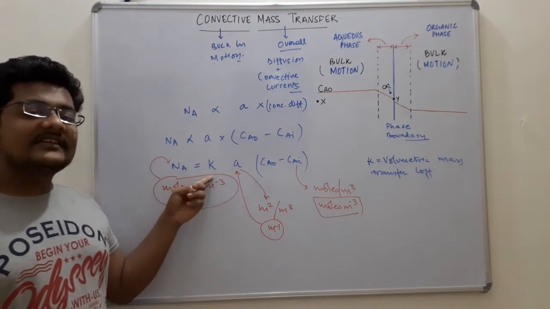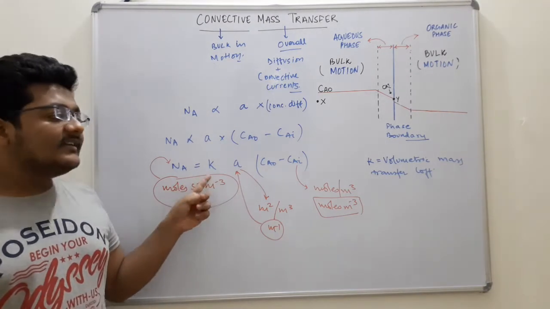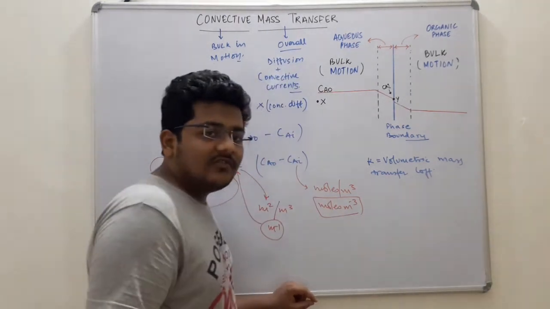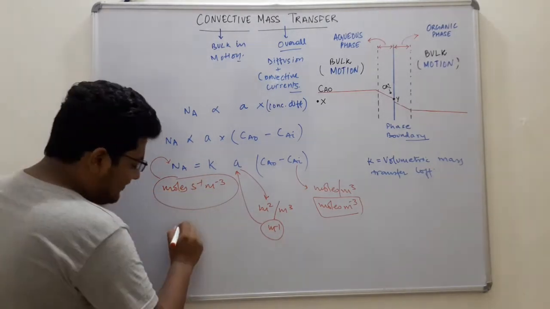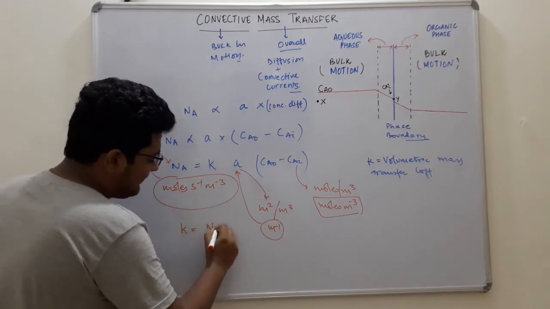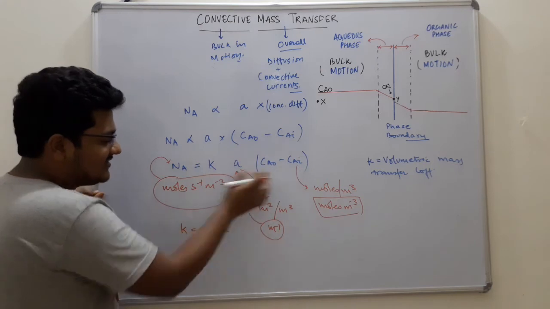And now let us derive the unit for volumetric mass transfer coefficient. For that, first we need to make a formula. The formula for volumetric mass transfer coefficient is going to be NA divided by A, where we transpose A and the concentration difference below.